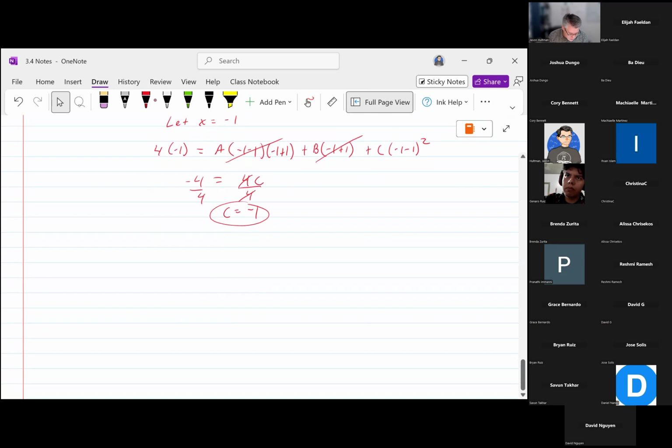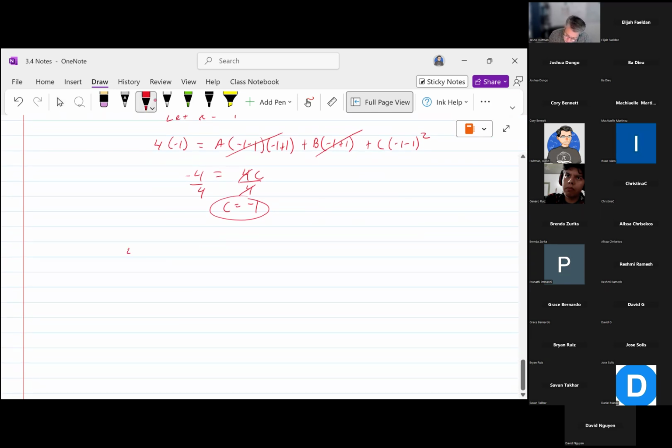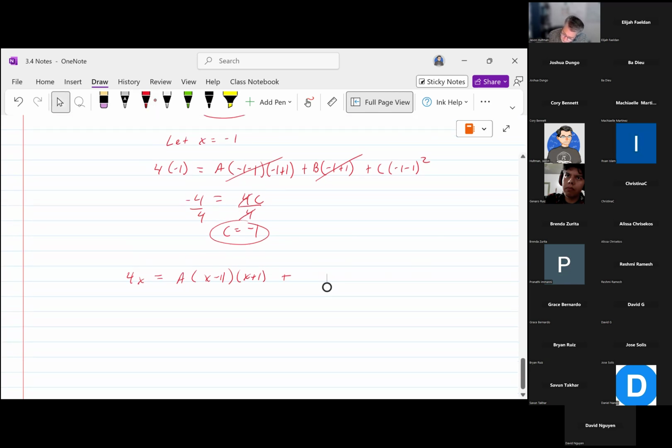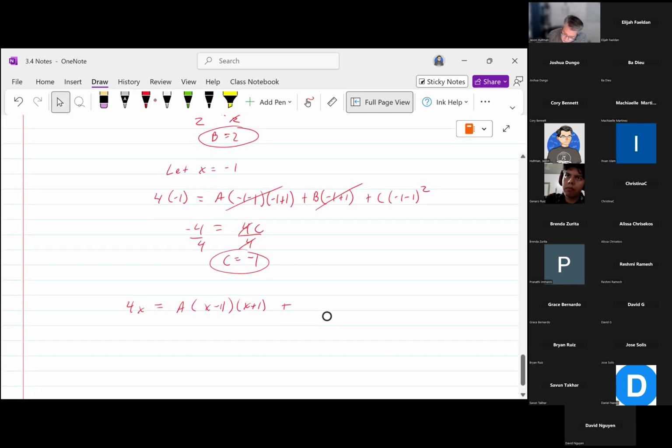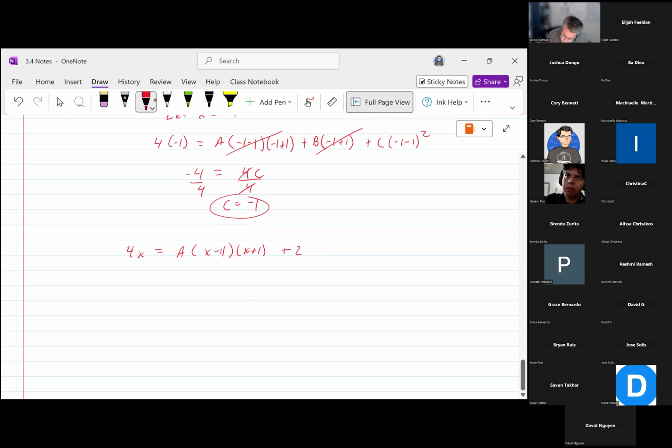So let's look at our original: 4x equals a times (x minus 1) times (x plus 1) plus b. But what was b? b was 2. So let's plug that in: 2 times (x plus 1) plus c, which was -1, times (x minus 1) squared. Now we've got just x's and a's to deal with.